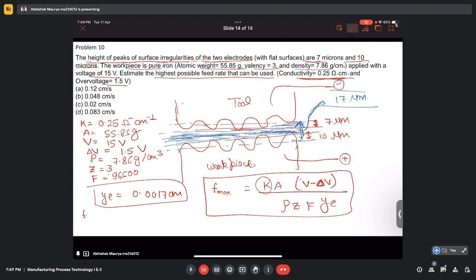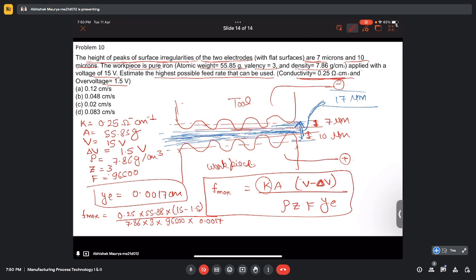F max will be 0.25 into 55.88 into (15 minus 1.5), divided by 7.86 into 3 into Faraday's constant into the minimum equilibrium gap.